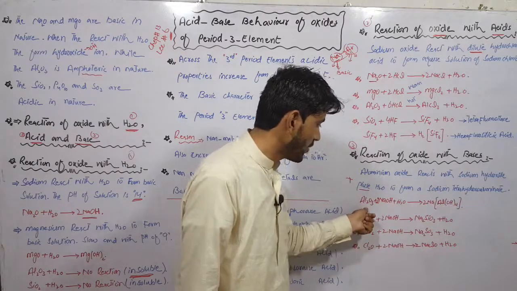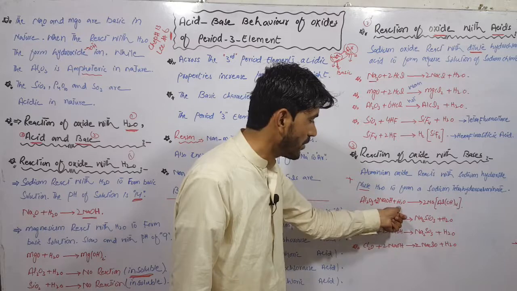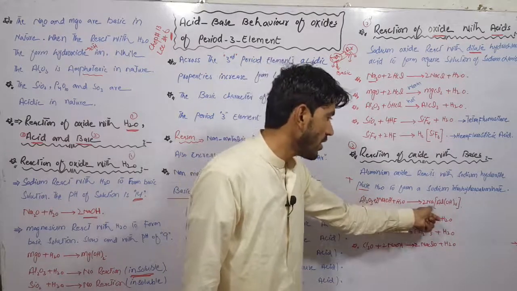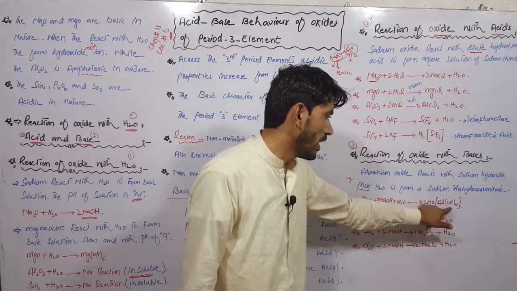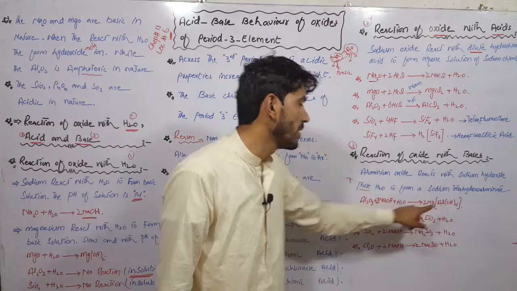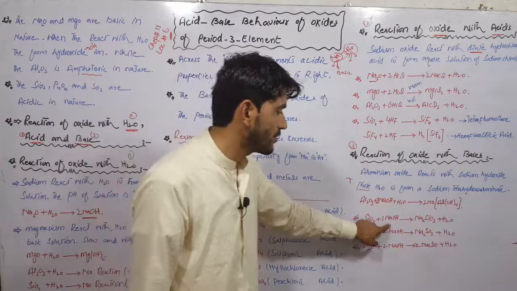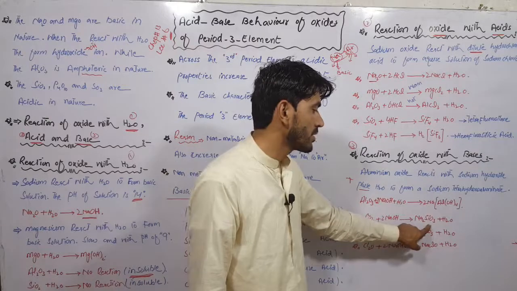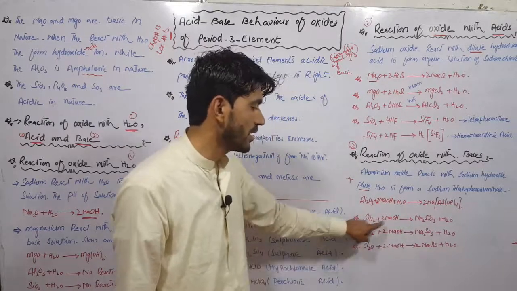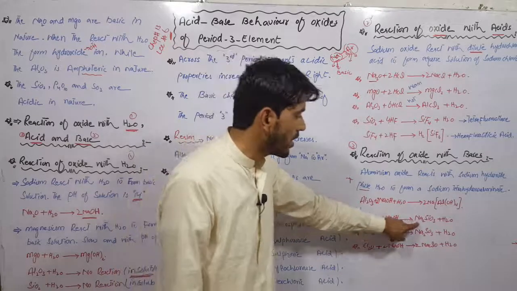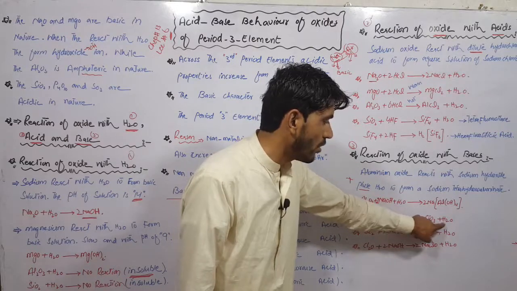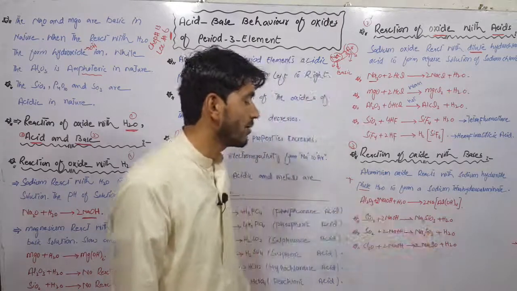Next, silicon dioxide reacts with sodium hydroxide to produce sodium silicate plus water.